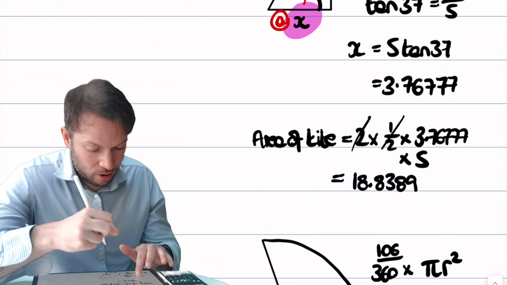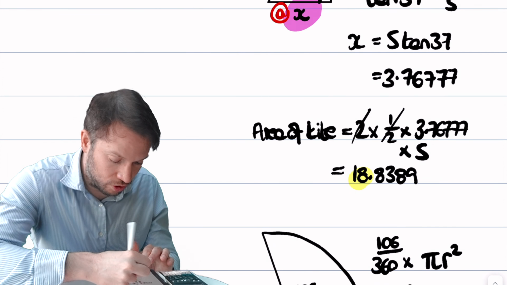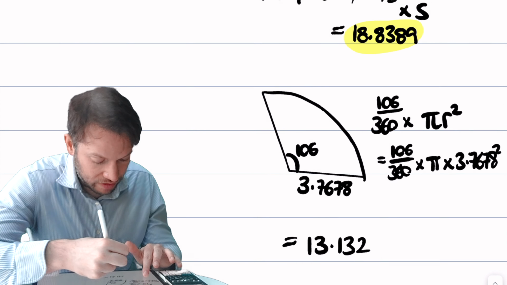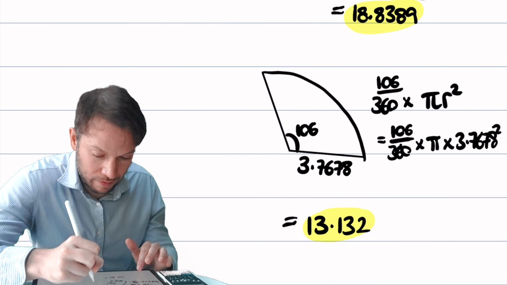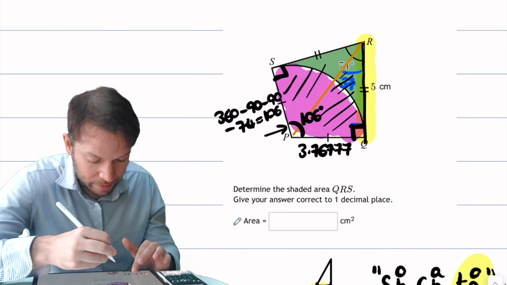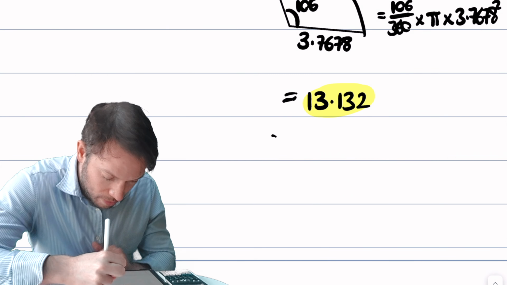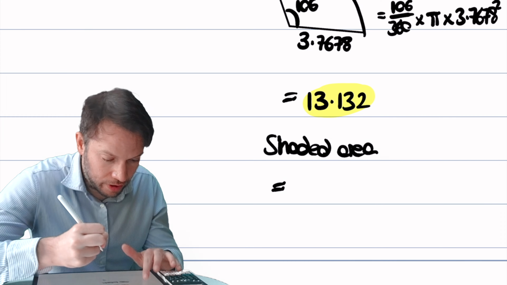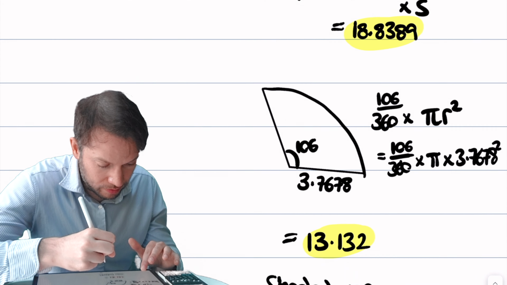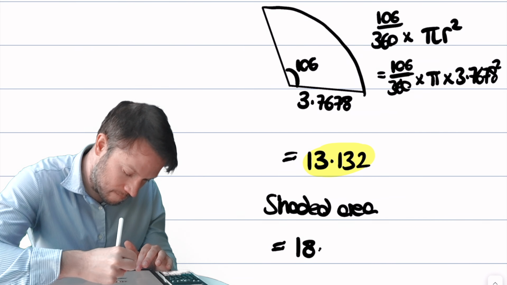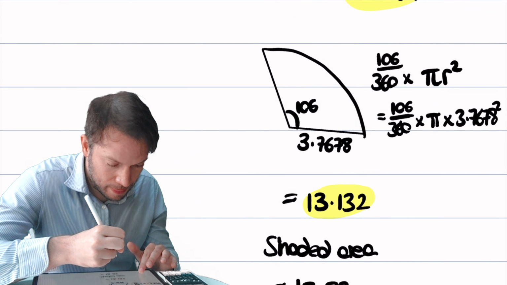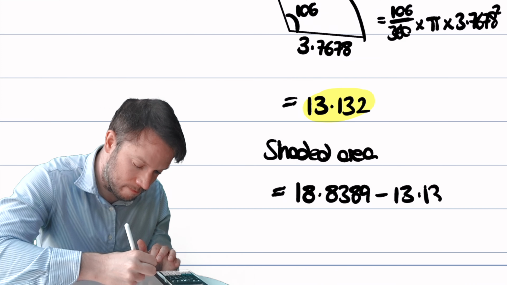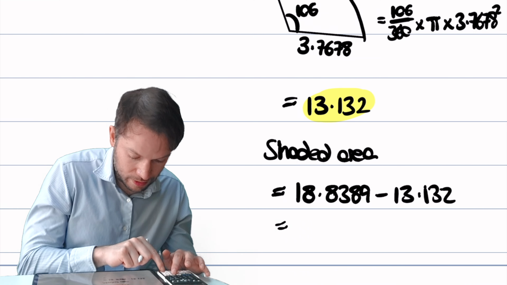Okay, that's great. We've got the area of the whole shape, the whole kite, and we're subtracting the sector. So therefore, the green area, the shaded area, is the area of the kite, which is 18.8389, minus the area of the sector, and let's subtract those.